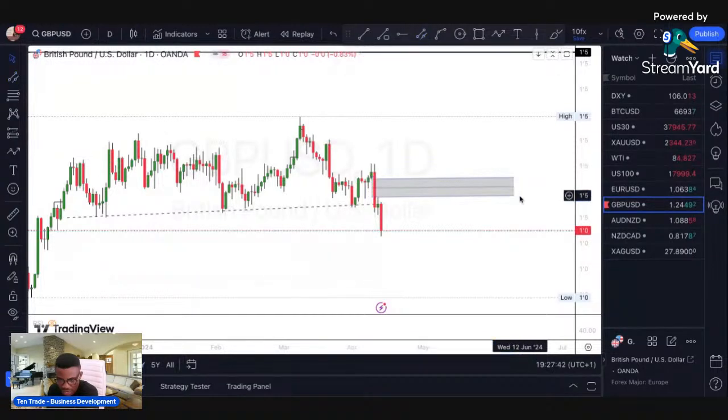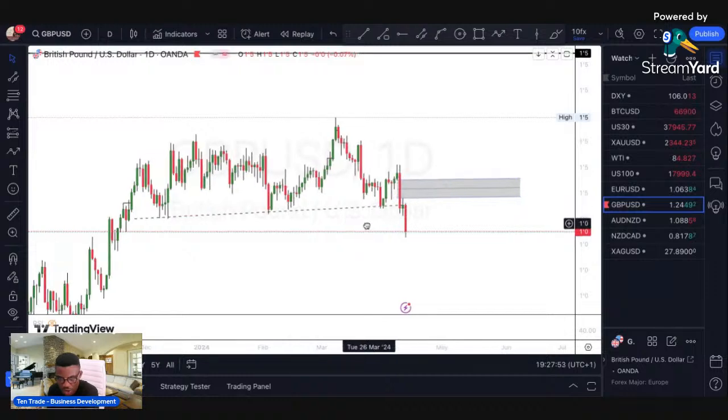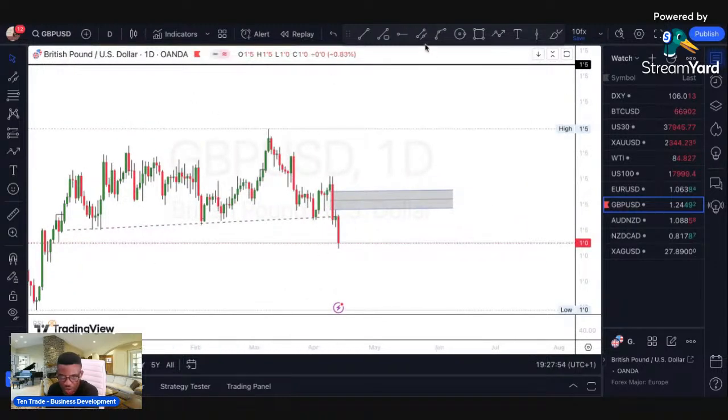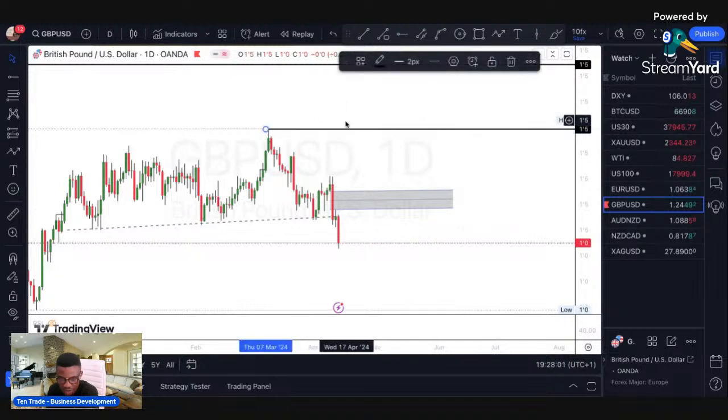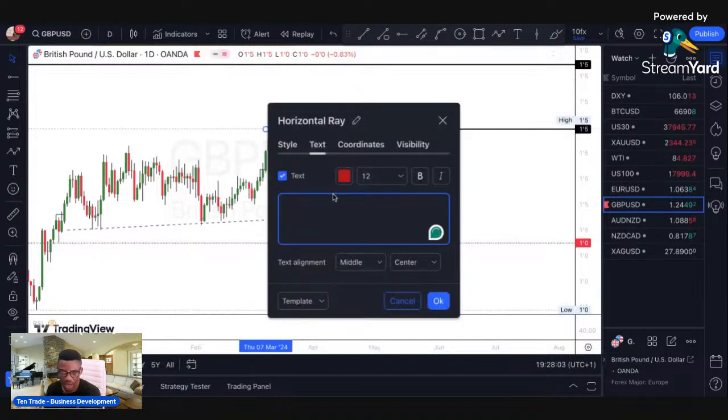that was created after the sweep of all this liquidity, the break of this structure. So we have an area of imbalance that is yet to be filled here. And we are going downward, remember. So the new range we are trading on the daily is this range. This is a daily high, daily resistance.